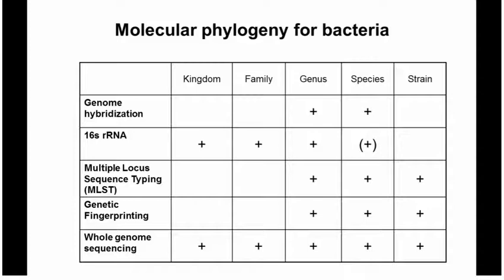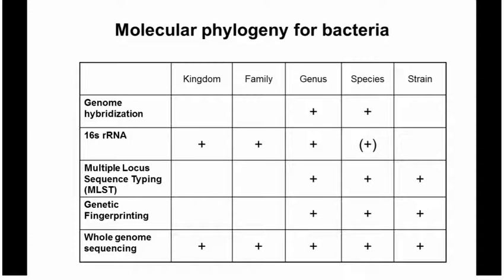There was a summary of the different techniques that can be used for phylogenetic classification of bacteria by molecular techniques. The first one that was used was molecular hybridization. You get the genome of one bacterium and stick it on a filter. You get the genome of another bacterium, label it radioactively, fragment it, hybridize it on the filter, and quantify how much of your radioactivity is retained.